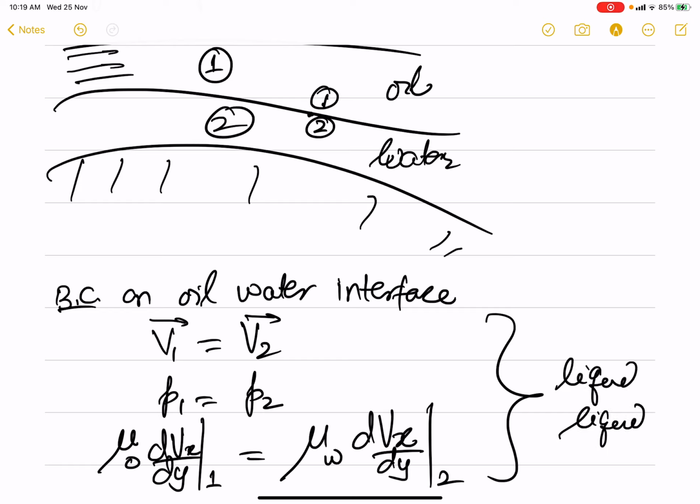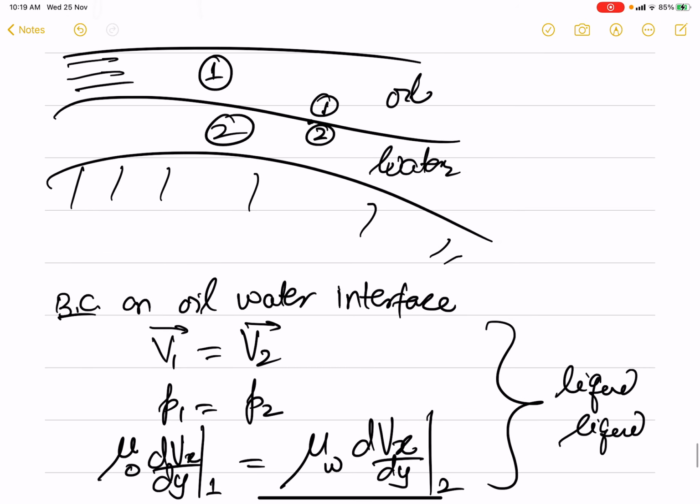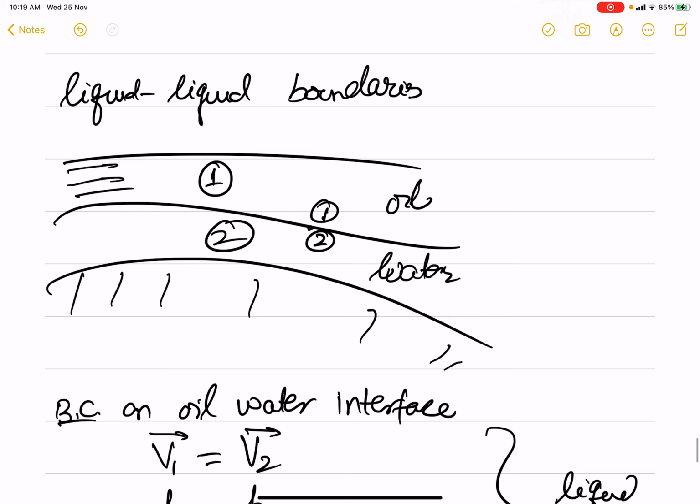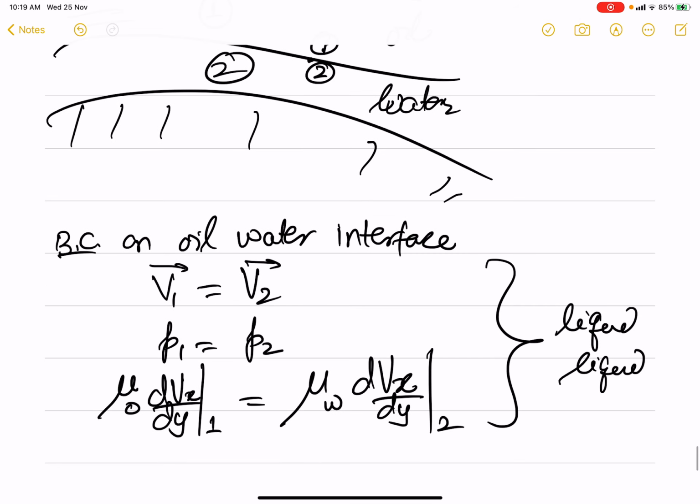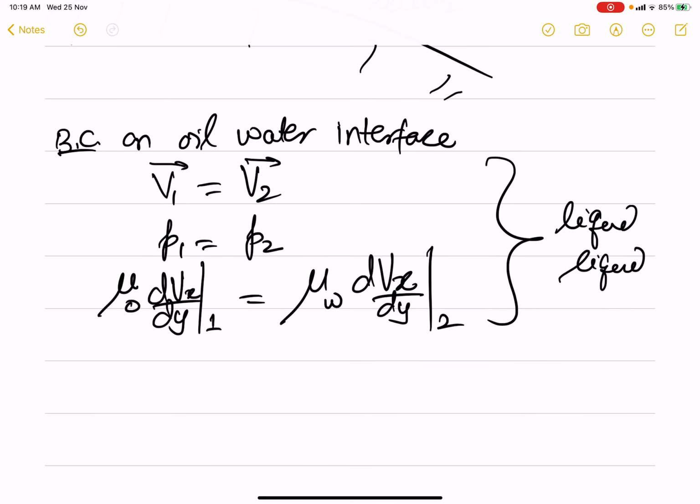Of course, there is a boundary of water with the solid surface and boundary of oil with the top surface. They will be dealt with as what we have done earlier. But on a liquid-liquid surface, now all of these will be unknown, but you have to impose these to solve the full problem. So this is how we look at the boundary conditions. Okay? And we solve these things.